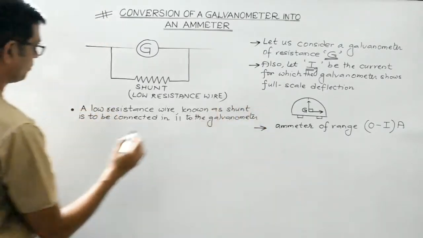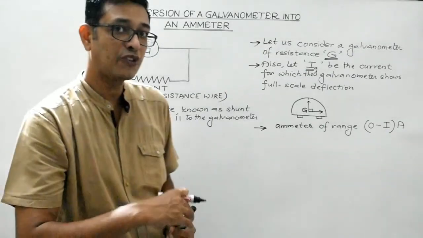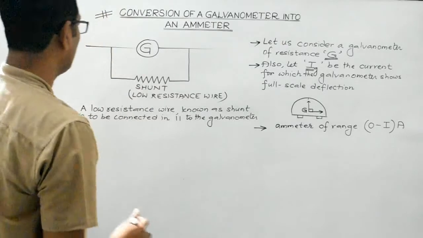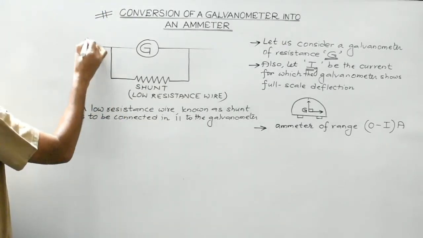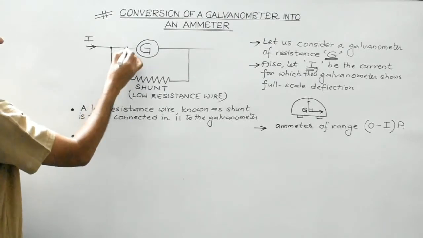Right? This is the first point. Second, the value of shunt is to be chosen in such a manner that, suppose I is the current in the main circuit. This will act as a junction.